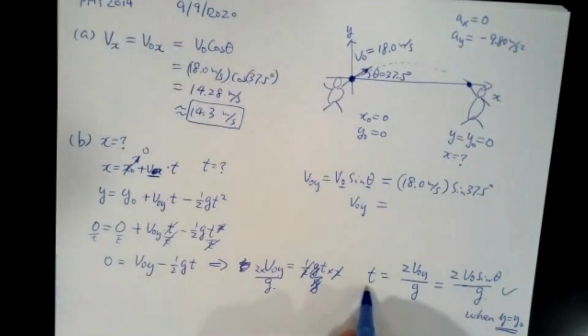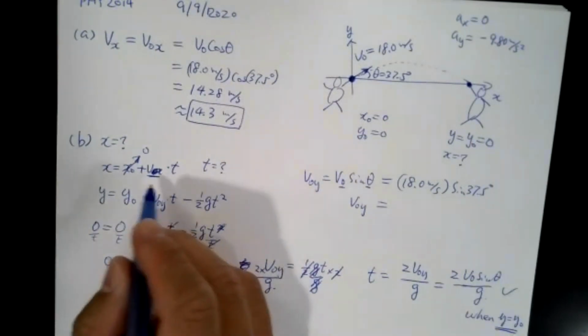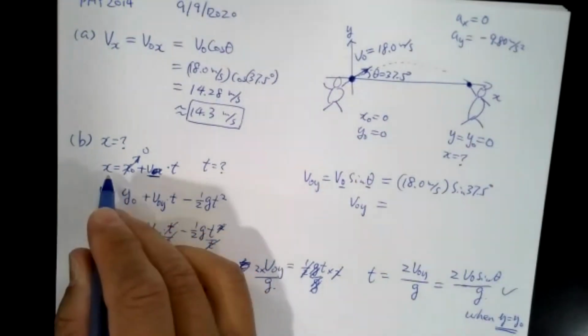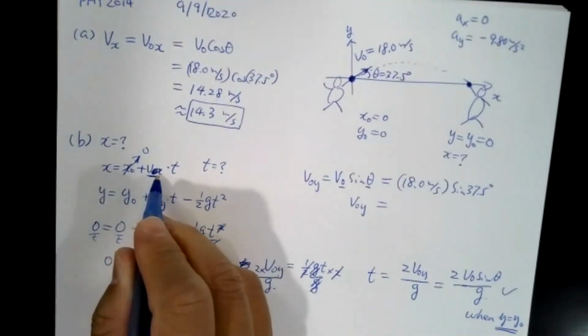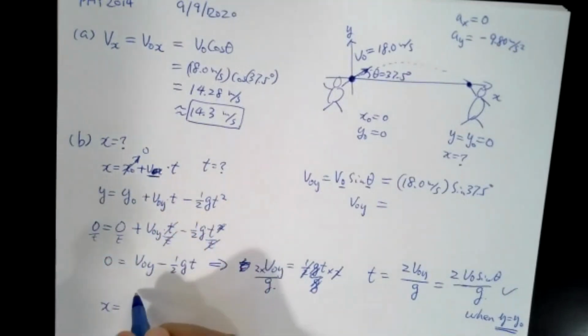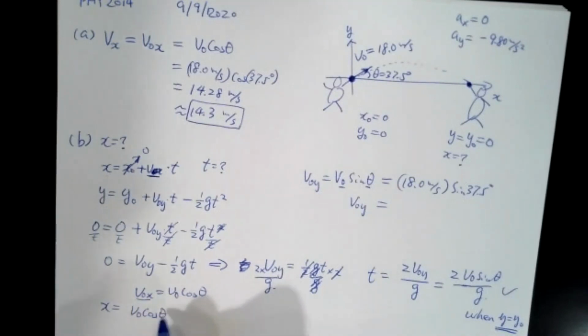All right, now I have this one, so I can solve for x. My x is equal to v0x, the x component, which is v0 cosine theta. I'm going to replace v0x with v0 cosine theta, multiplied by my t, which is 2v0 sine theta over g.